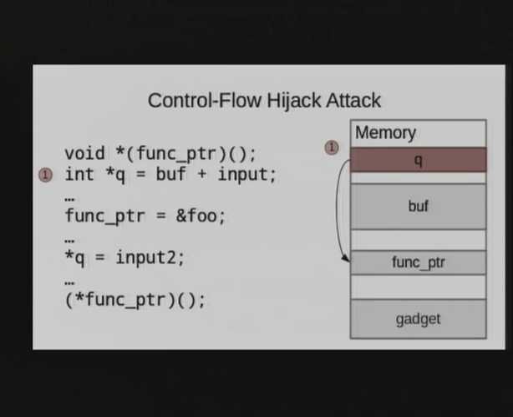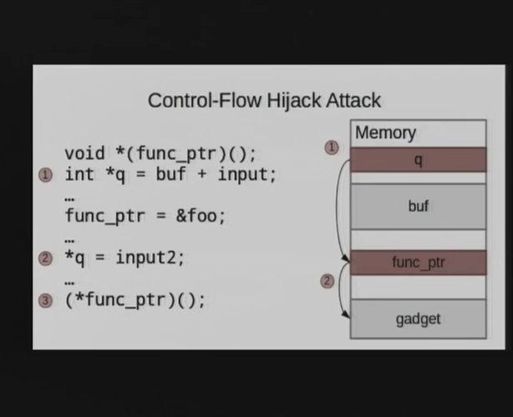So the attacker has to know the correct offset as a first step of attack. And as a second step of an attack, the attacker overwrites the function pointer to an attacker-controlled gadget, which will then be used to exploit the behavior and redirect the control flow of the application to an attacker-intended gadget. And as a third step, the function pointer must be used by the application. Only then will it actually be dereferenced and the bad stuff happens.